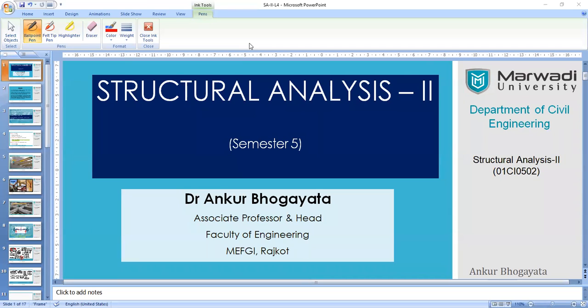But in case of complex loading, or not exactly complex but varying in nature, if it is not symmetrical in geometry as well as in loading intensities, then there may be a challenge.